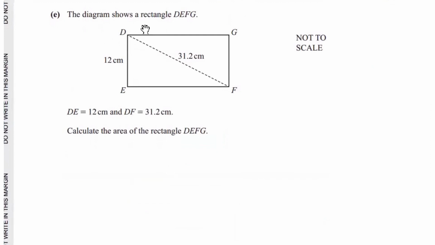Let's say the diagram shows a rectangle DEFG. DE is 12 centimeters, DF is 31.2 centimeters. Calculate the area of rectangle DEFG. So for us to calculate the area of the rectangle, we need the length EF or DG.